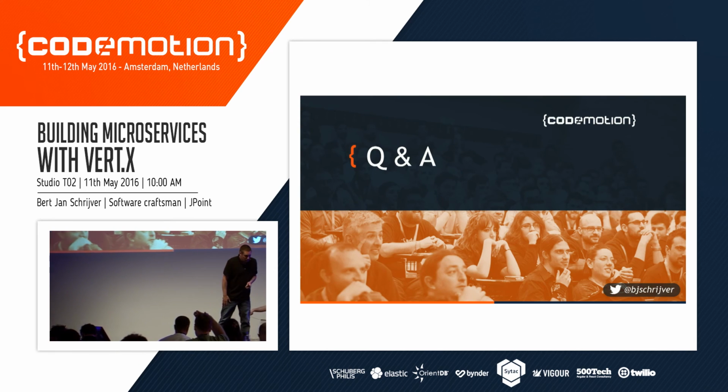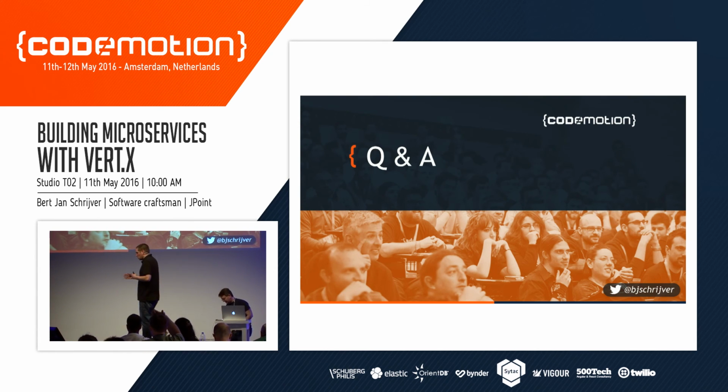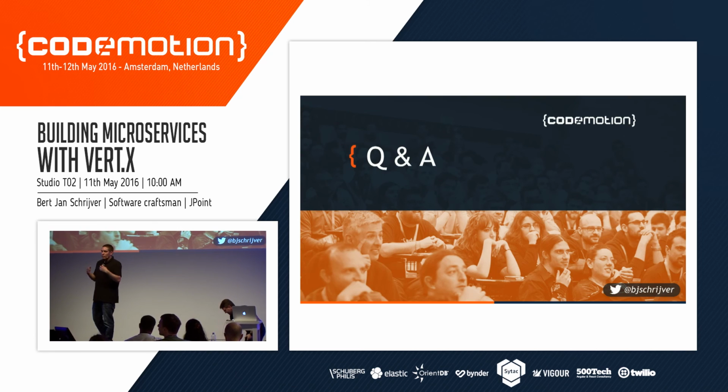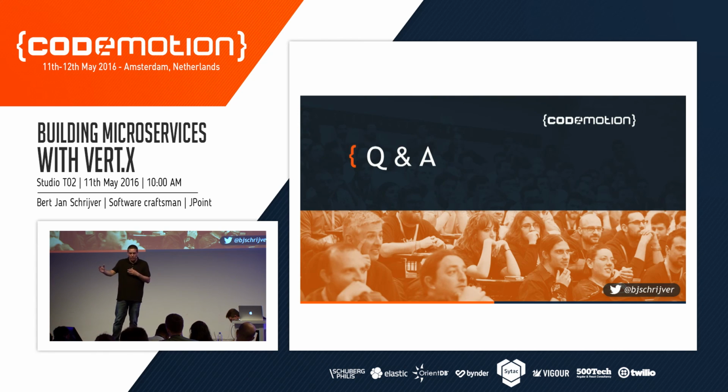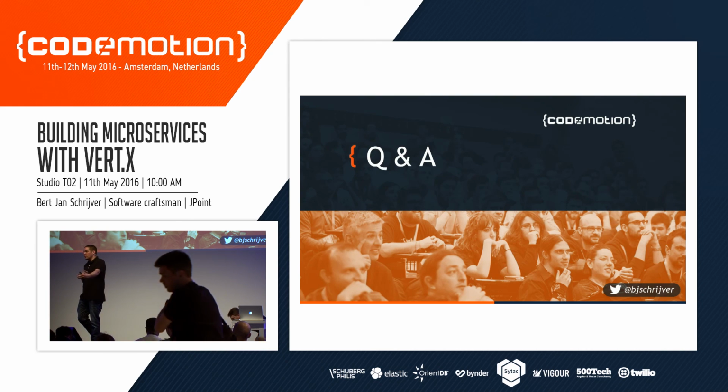So the question is, how does Vert.x compare to Akka? You know, there's the actor model. Actors have a life cycle, and actors are like small state machines that process actions. Well, I think they're comparable in the way they handle concurrency and threads.